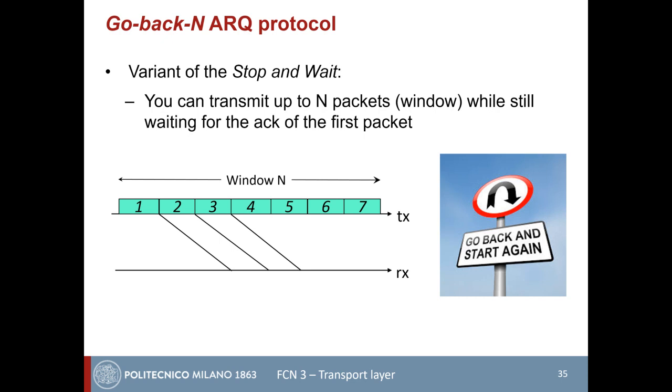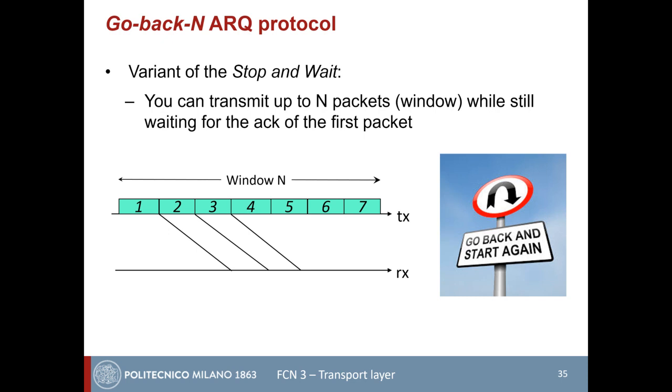Instead of transmitting one packet and then stopping, now the transmitter is allowed to go on transmitting a limited number of other packets, even while waiting for the ACK on the first packet. So instead of shutting down during the timeout, the transmitter can go on transmitting other packets.